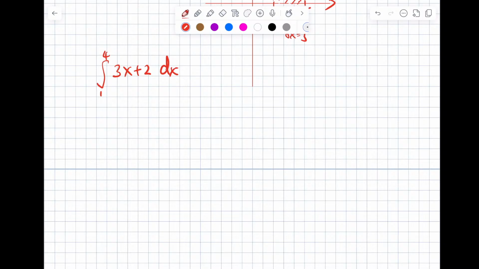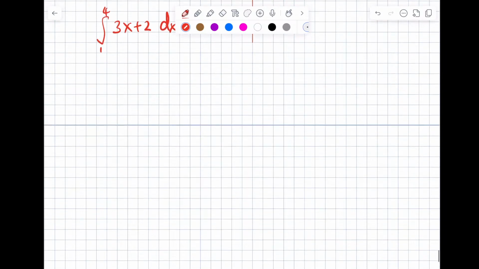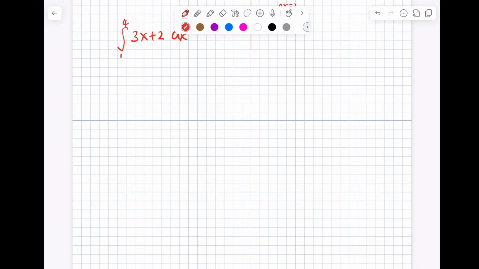You split everything into a triangle and rectangle. Please don't tell me to. I'm so sick of. Okay. 5 times parentheses base 1 plus base 2 over 2 close parentheses.